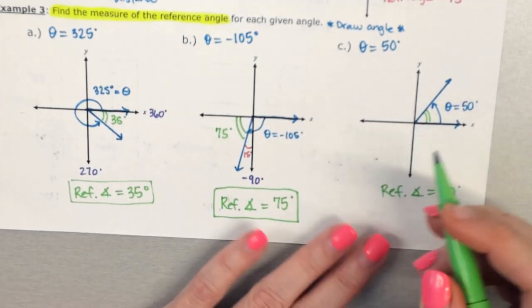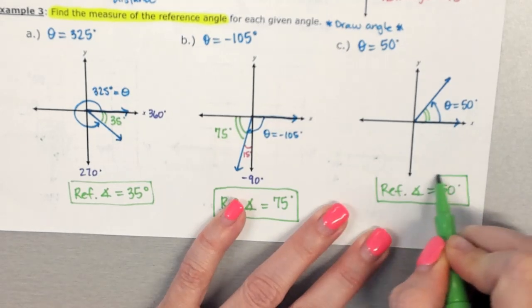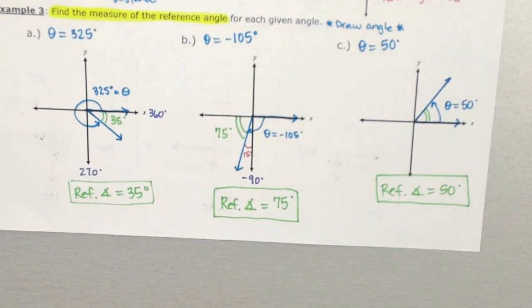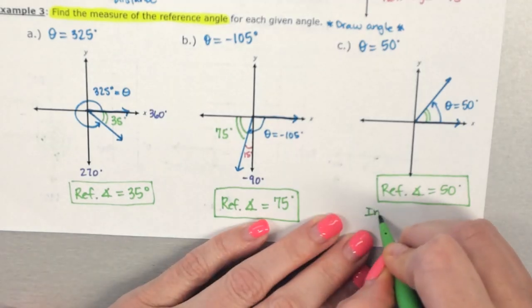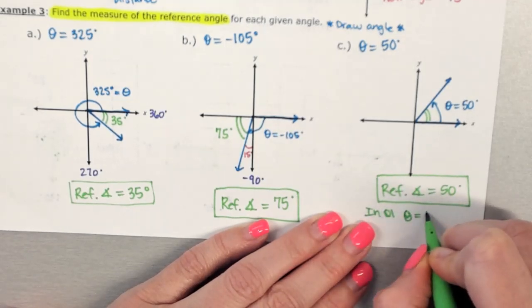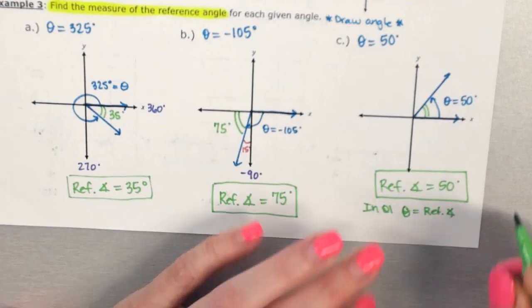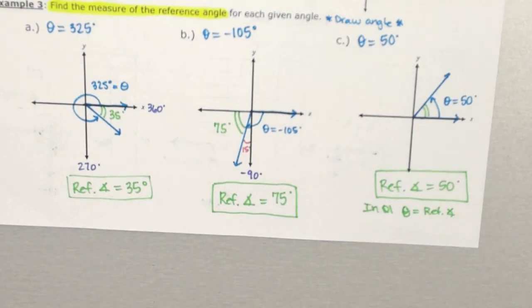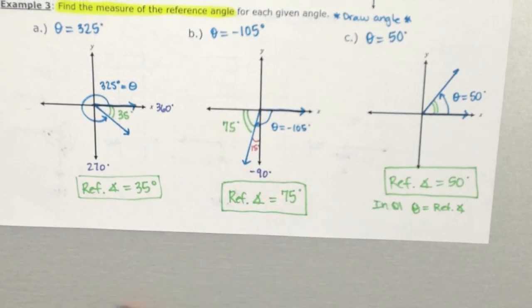And this will always happen in quadrant one. So in quadrant one, your theta should equal the reference angle. Okay, so in Q1, theta equals your reference angle. That's a special pattern. Can you guys think of a value for theta where the reference angle would be 90?